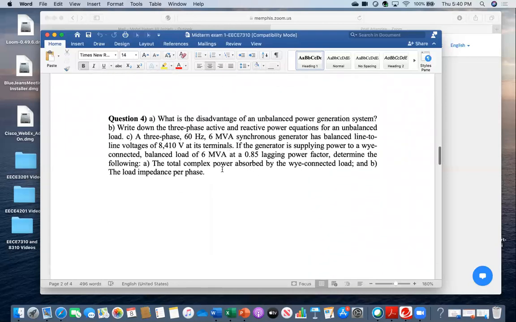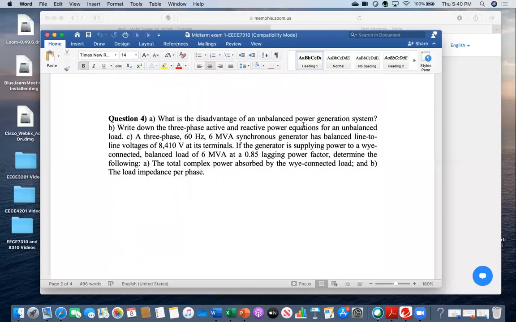What is the disadvantage of an unbalanced power generation system? So therefore, if there is unbalance in the system, then there will be circulating current flow between two phases. And also because of unbalance, zero sequence current will flow through the neutral, provided that it is a Y connected system.